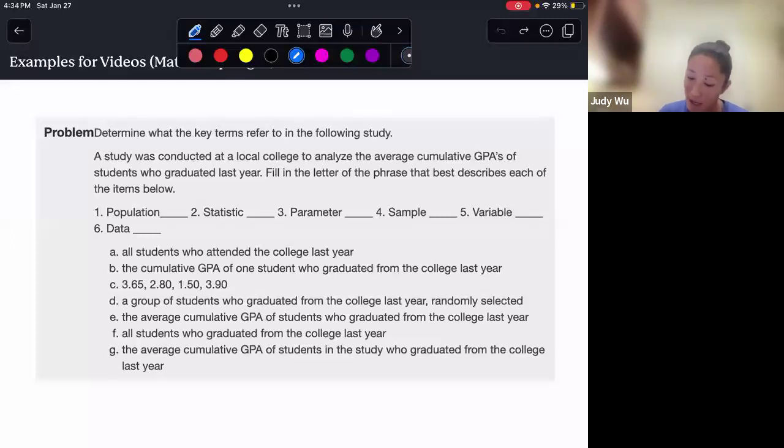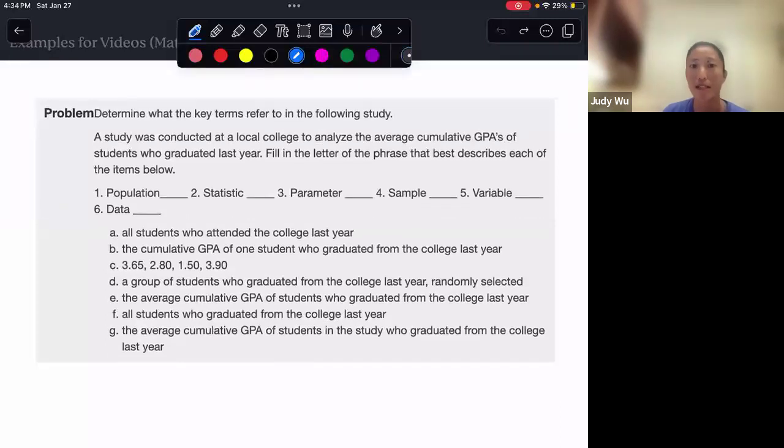So this problem says determine what the key terms refer to in the following study. A study was conducted at a local college to analyze the average cumulative GPAs of students who graduated last year. Fill in the letter of the phrase that best describes each of the items below.